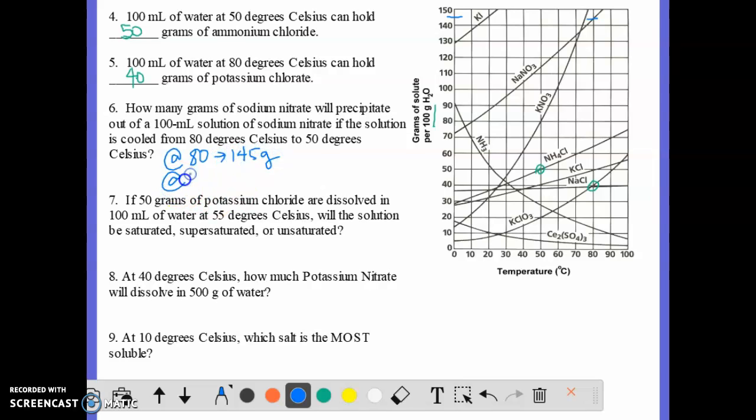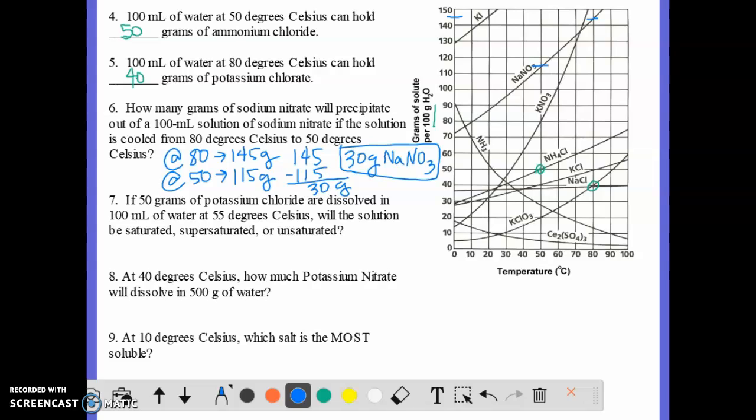And then at 50, it looks like it is at 115 grams. So we're going to figure out the difference if it stays on that saturation line between 145 and 115, which gives us 30 grams. So 30 grams of sodium nitrate will precipitate out.